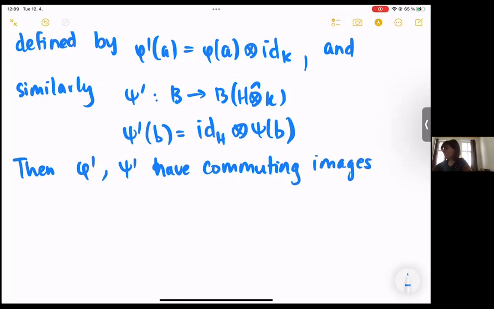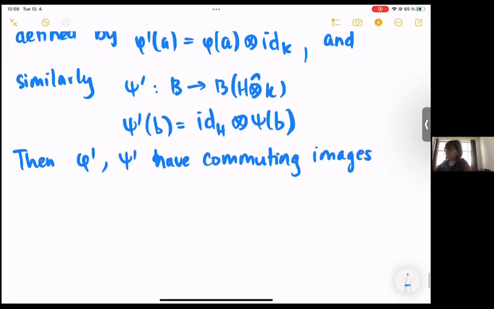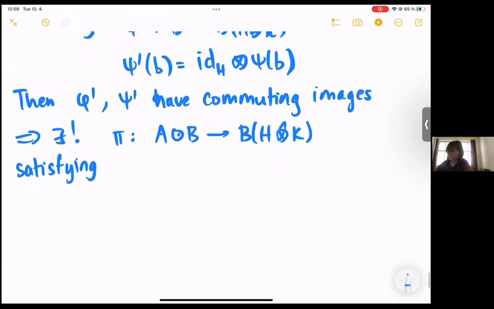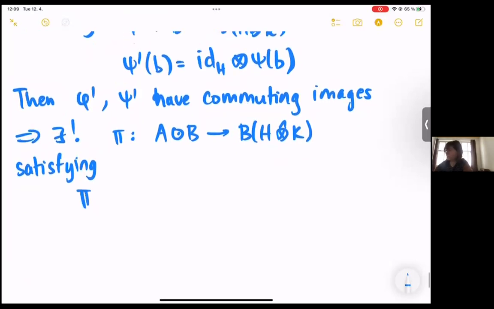That gives us a map on our algebraic tensor product, which is the map we want.